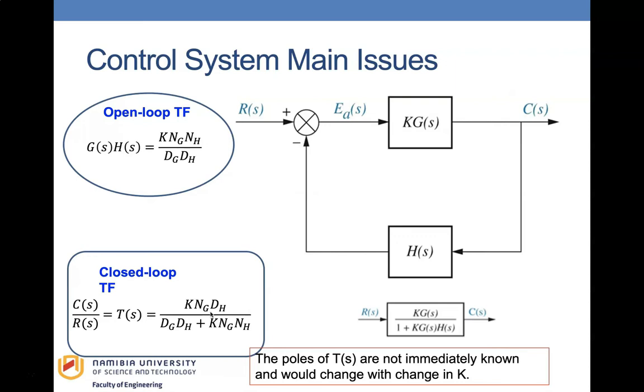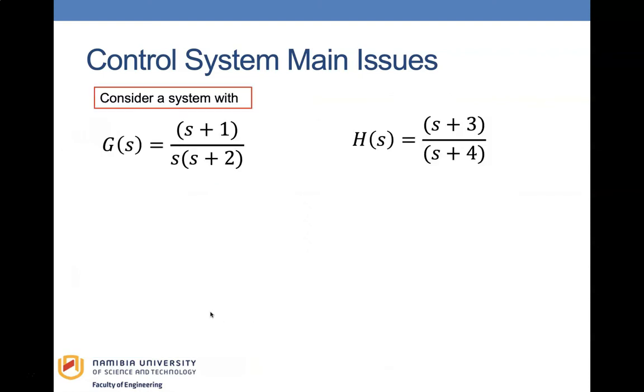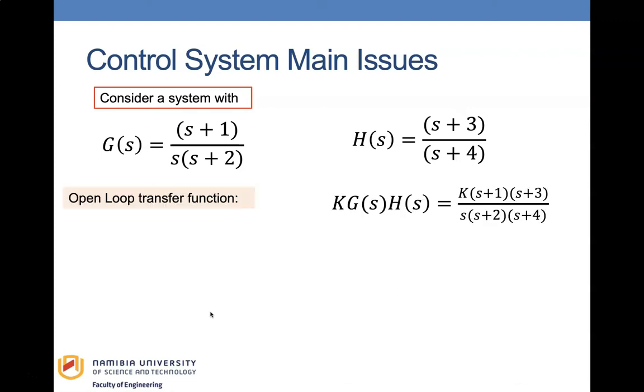Let me illustrate this. Consider a system whose G(s) is given as (s plus 1) over (s plus 2), and H(s) is given as (s plus 3) over (s plus 4). The open loop transfer function will be given as G(s)H(s), which is K (s plus 1)(s plus 3) over (s plus 2)(s plus 4).